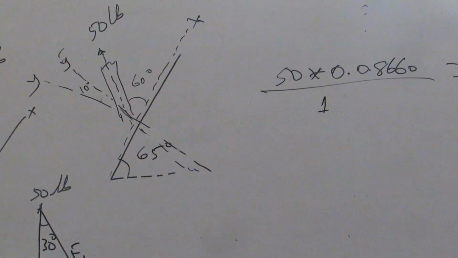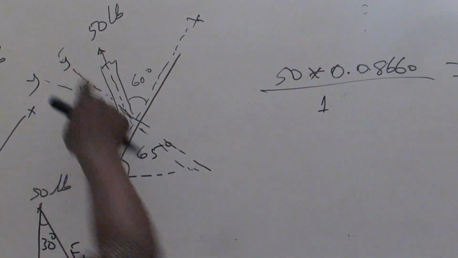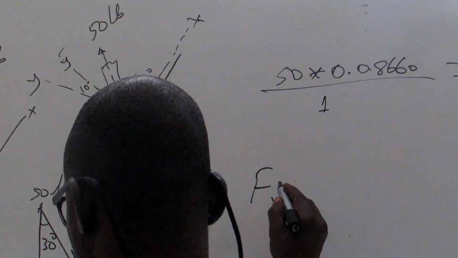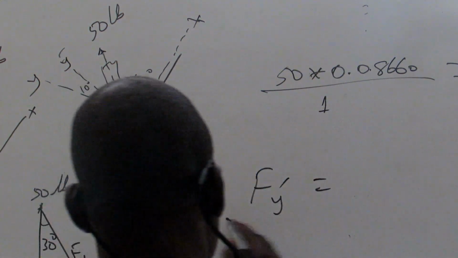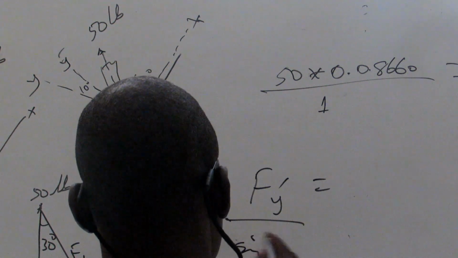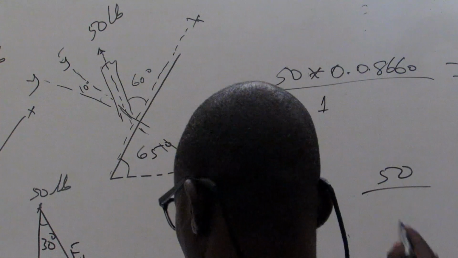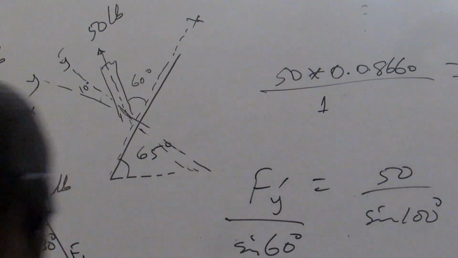So we have that, and then our FY prime over sine 60 degrees is equal to 50 all over sine 100 degrees.